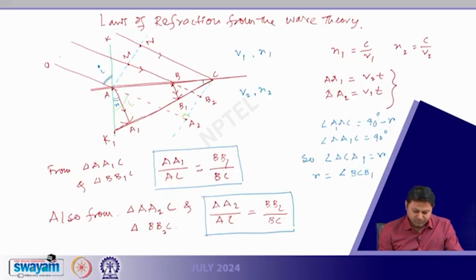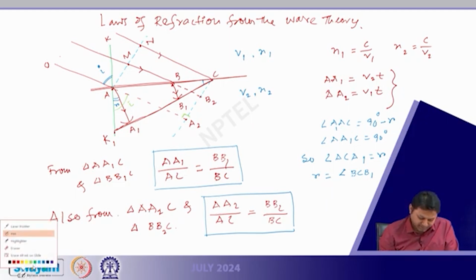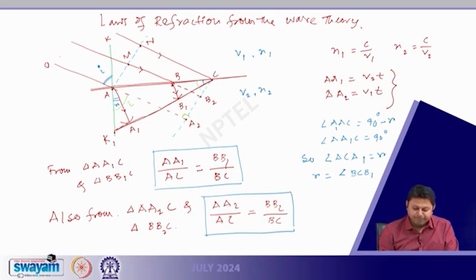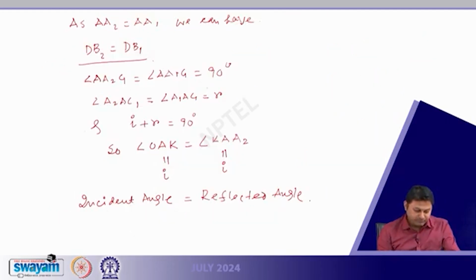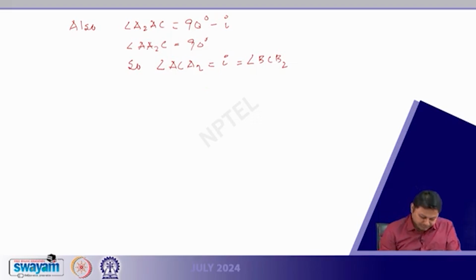So, from that we find an interesting thing, that this angle ACA2, I am talking about this angle, is I. This small one is R and this big one is I. So, once we have this, then the rest of the things are simpler.